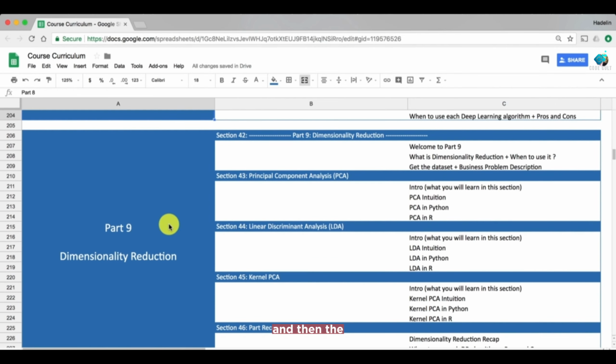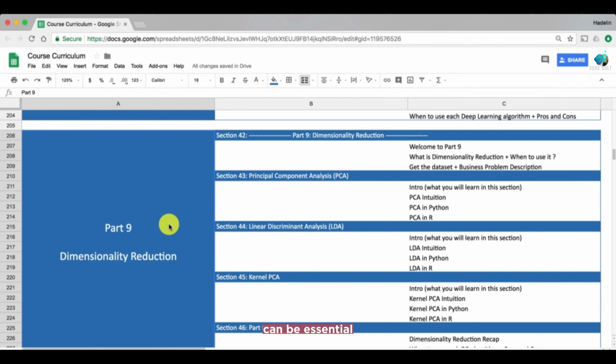And then the next step is dimensionality reduction. Once you master all the previous branches of machine learning, you will need to push your analysis further by considering some even more powerful tools to solve your machine learning problems. And one of them is dimensionality reduction, because today we're working with huger and huger amounts of data, and sometimes we work with terabytes of data, and for this you need some techniques to reduce the dimensionality of your dataset.